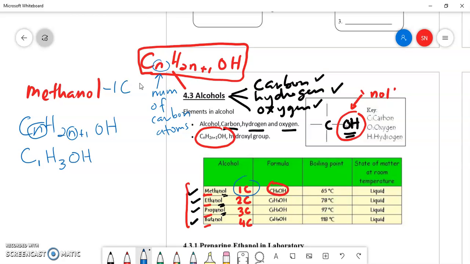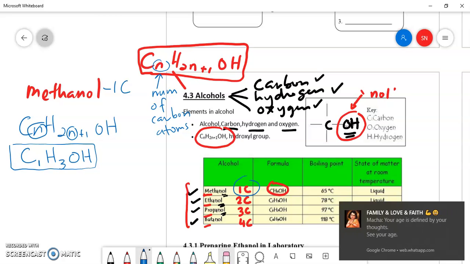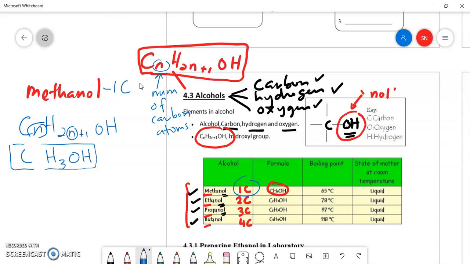This is the chemical formula for methanol. Of course we don't have to write the 1, so just erase that off. The 1 can be ignored. CH3OH. That's what you see in your paper or worksheet. Methanol is CH3OH.